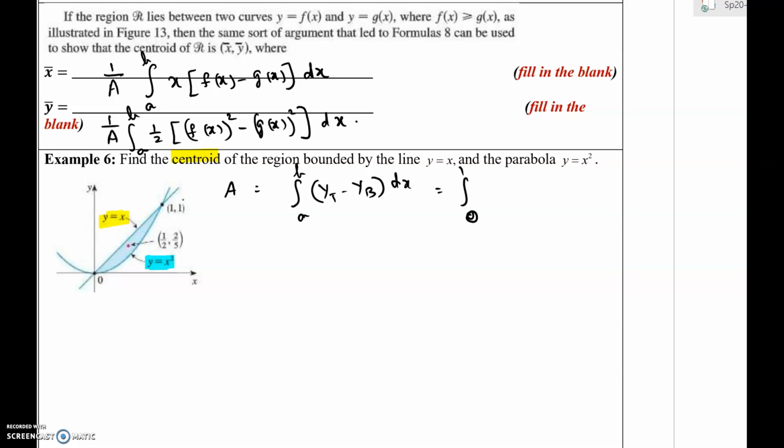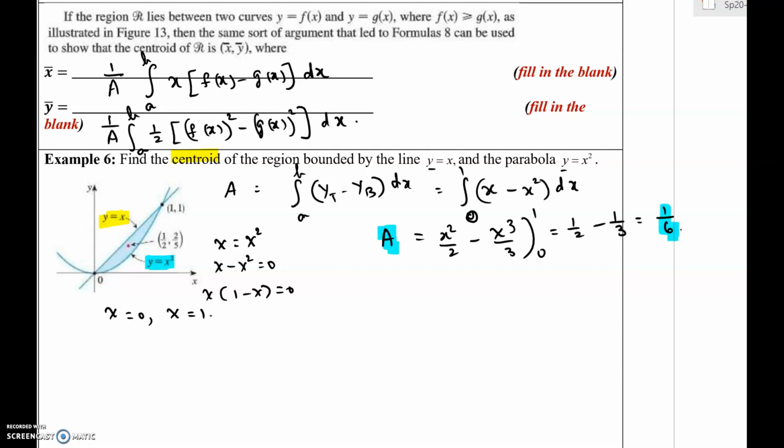If they don't give that information, we can set the two y's equal: x minus x squared equals 0, then x times 1 minus x equals 0, which gives us x equals 0 and x equals 1. We can find the points of intersection of the two.